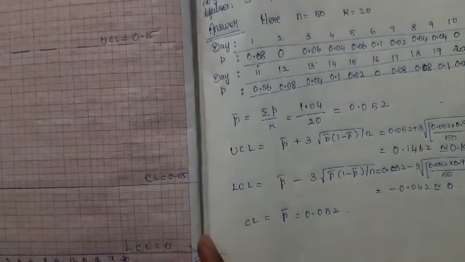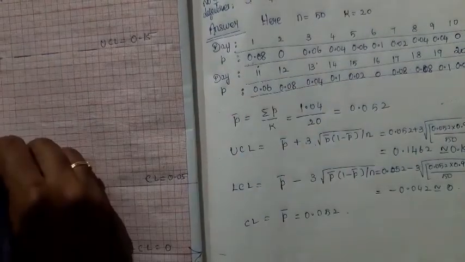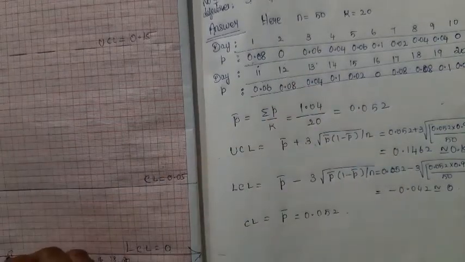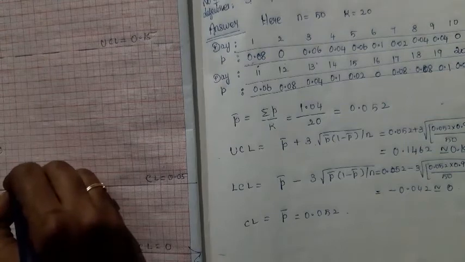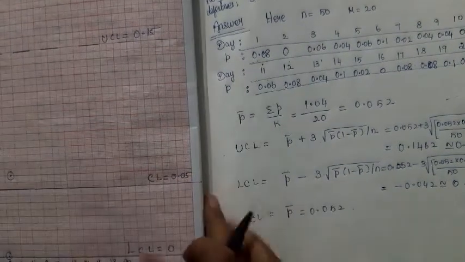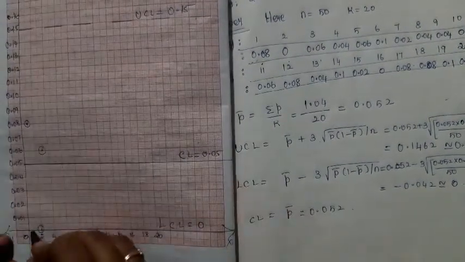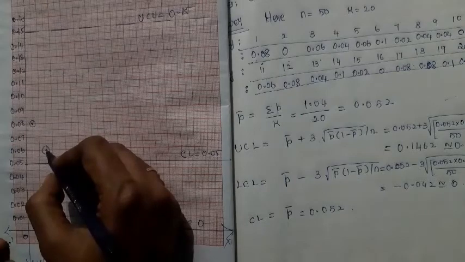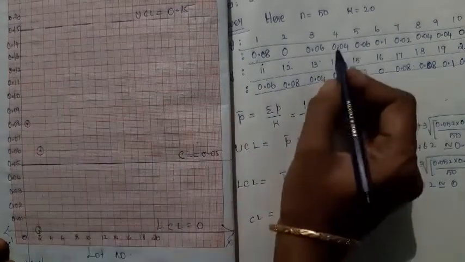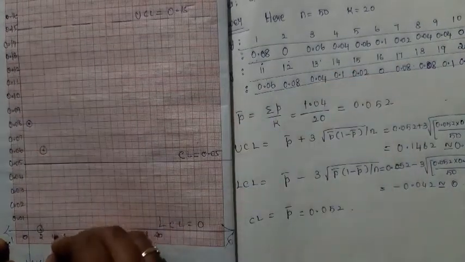So on the first day it is 0.08. Second day it is 0. Third day it is 0.06. See how I am plotting. For the fourth day it is 0.04.